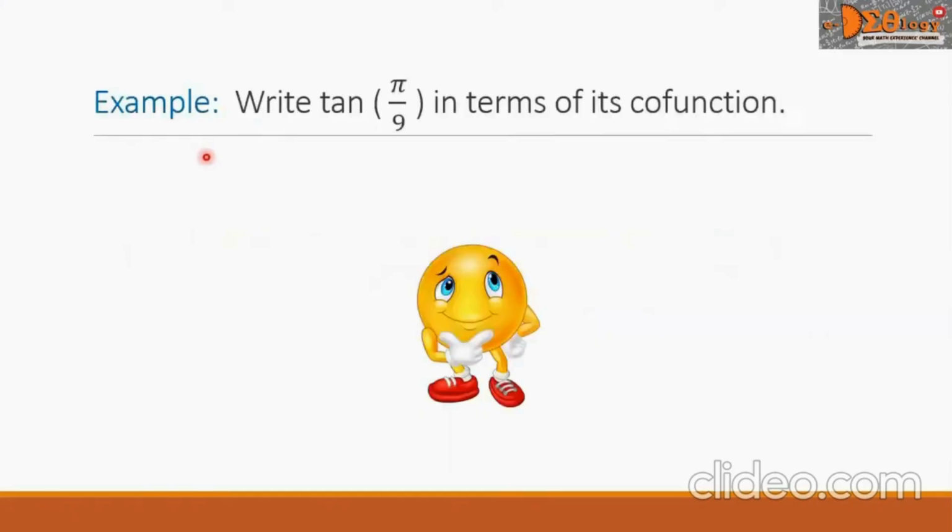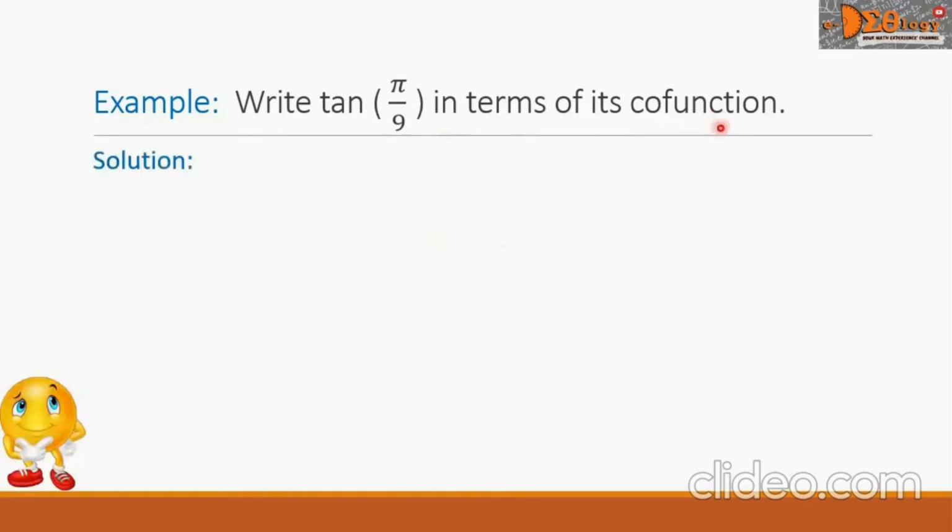Let us see this example. Write tangent pi over 9 in terms of its cofunction. The cofunction identity says tangent theta equals cotangent of the angle pi over 2 minus theta. In our example here, theta is this pi over 9.